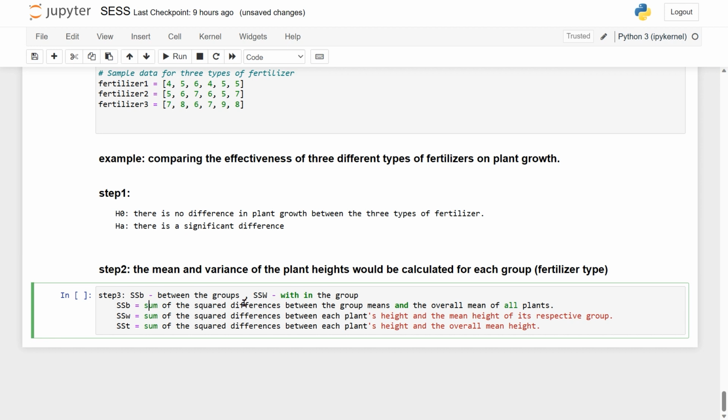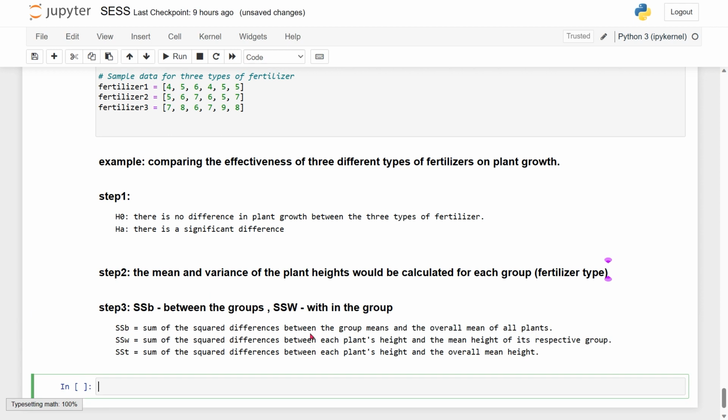SSB is the sum of the squared differences between the group means and the overall mean of all plants. SSW is the sum of the squared differences between each plant's height and the mean height of its respective group. And SST is the sum of the squared differences between each plant's height and the overall mean height. So with this, we will have all three parameters: SSB, SSW, SST.